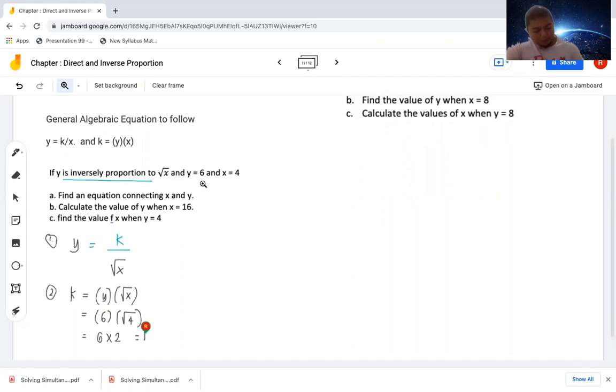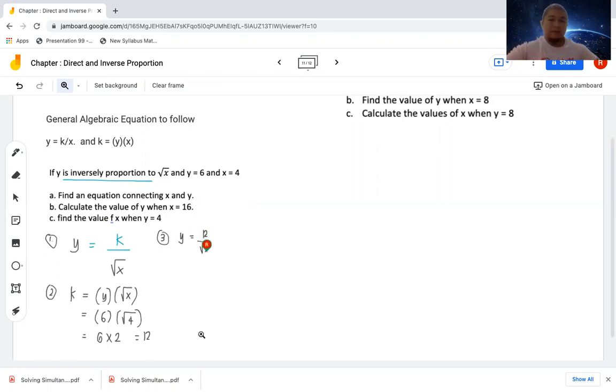The third procedure is to plug it into the equation. If k is 12, then the equation is y equals 12 over the square root of x.